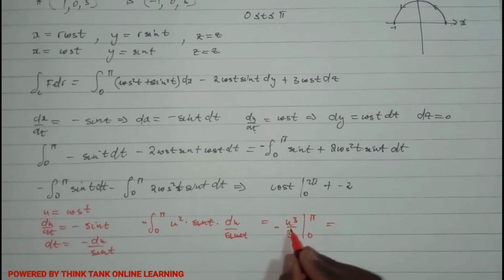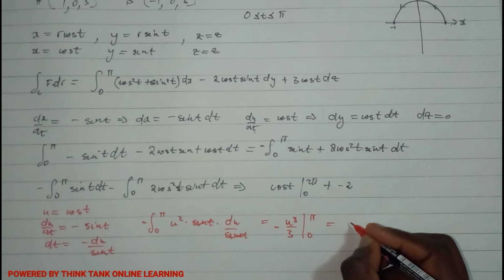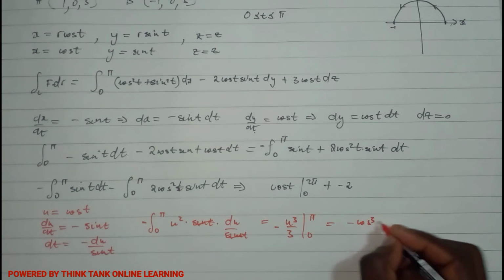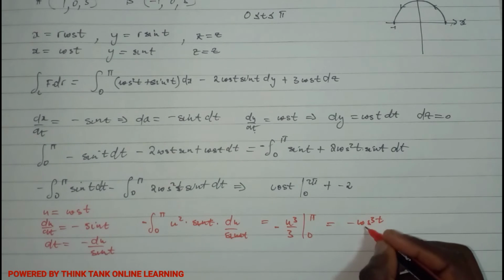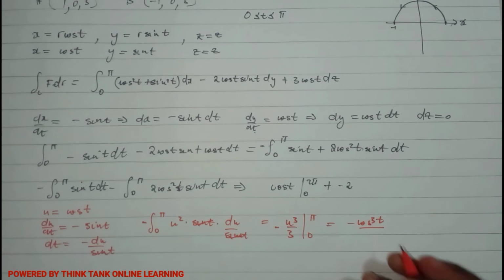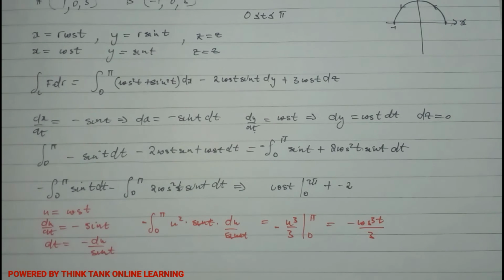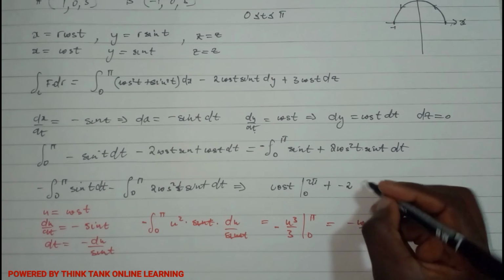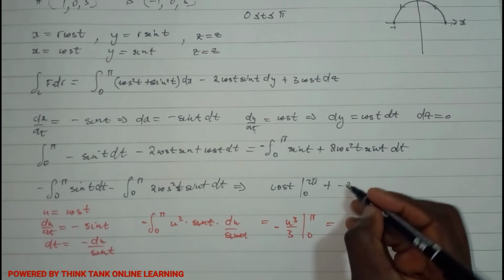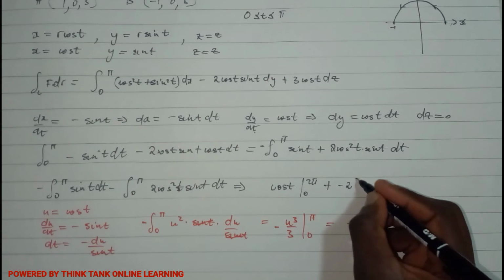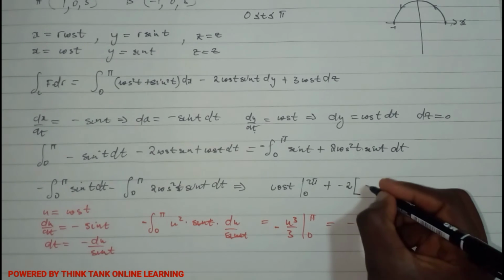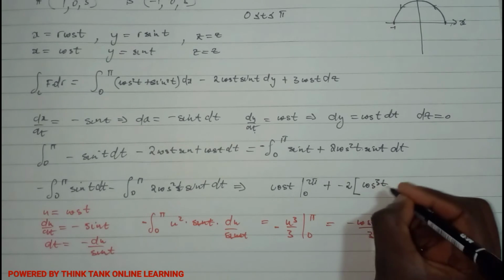Okay, so we know that u is equal to cos t, so it's like saying negative cos cubed t over 3. Okay, so I think this is what I'm supposed to write here. We got 2, so I'm going to write 2 cos cubed t over 3.